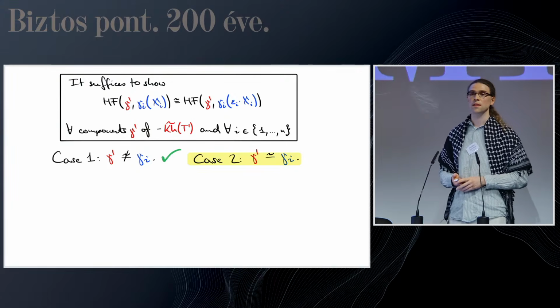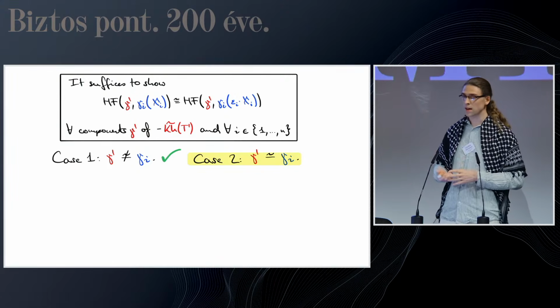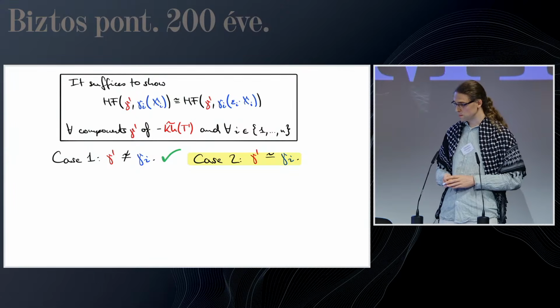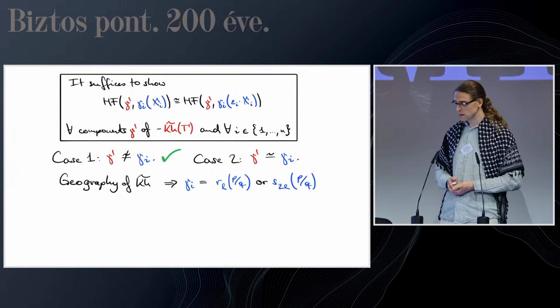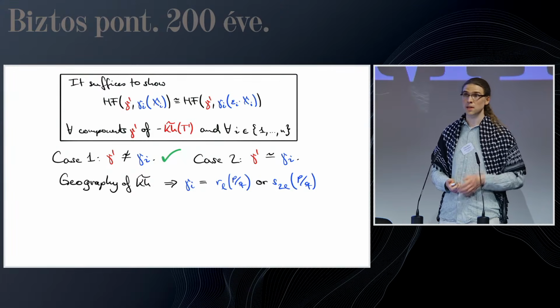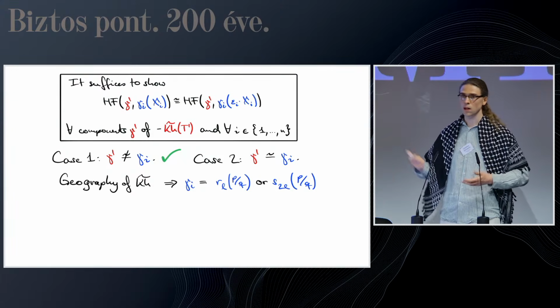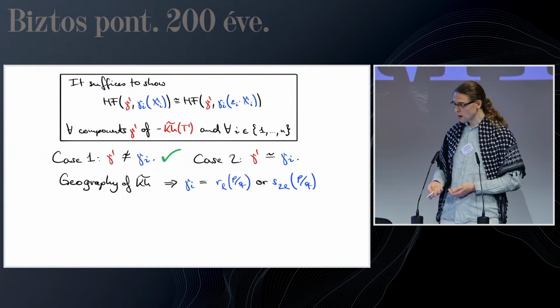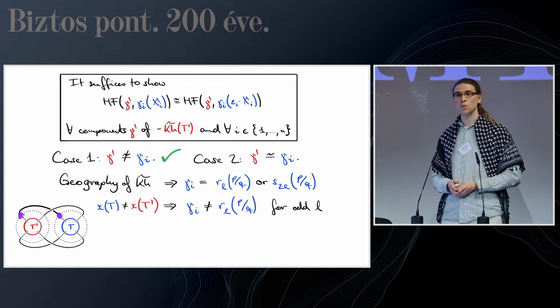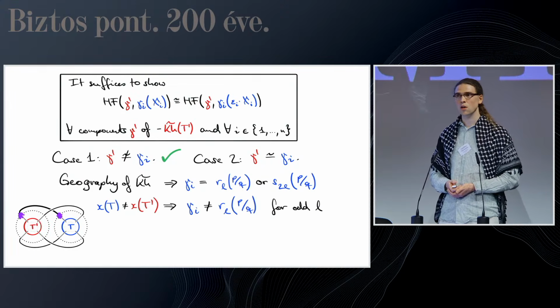So now we can look at this second case. So suppose we have two curves, gamma prime and gamma I, that are identical up to local systems. Then, well, the geography result for the Khovanov invariant says that gamma prime has to be either rational or special. So therefore, also gamma I is either rational or special. Then, we know that we're doing mutation on a knot.